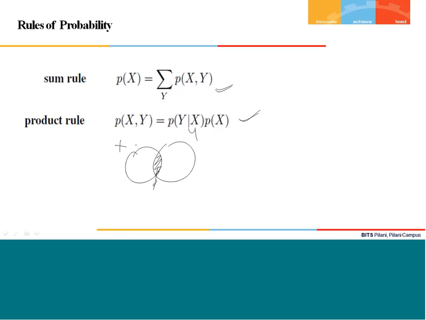This is the probability of X. Given X, what is the probability of Y? So I will multiply these two and come up into this domain. This is the product rule.